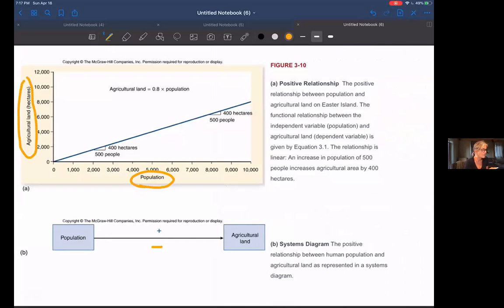So you see here that there is a positive relationship, and it is the same slope, so it's linear. For every 500 people, there's 400 more hectares. That's the scientific term for acre, but it's a little bit different. But that is a measurement of an area of land. So here we can see that this is a positive relationship.